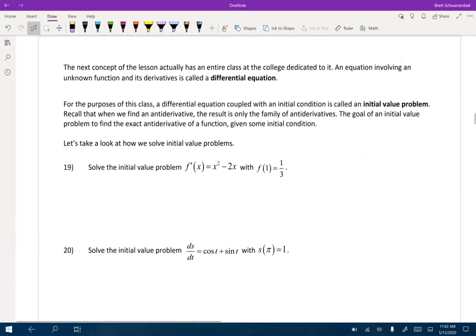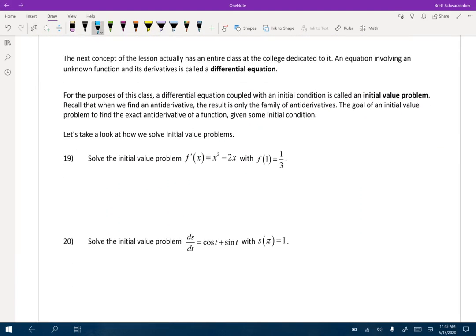Okay, so the last page of the notes here tackles possibly a familiar topic to you, or something you've heard before, called differential equations. Differential equations are basically equations with an unknown function and its derivatives. That's the definition of it.